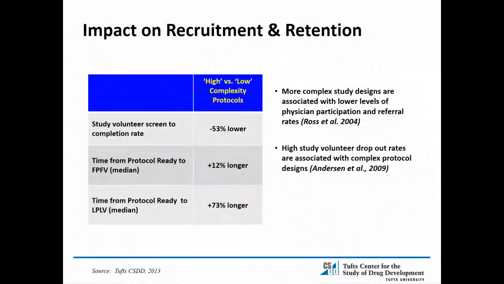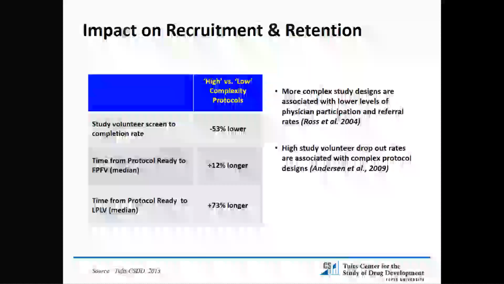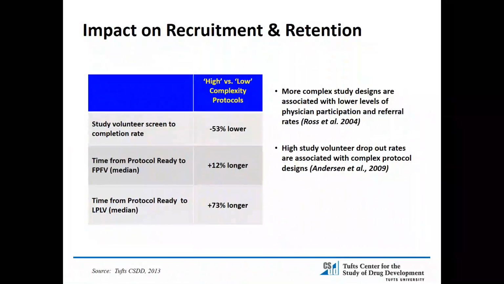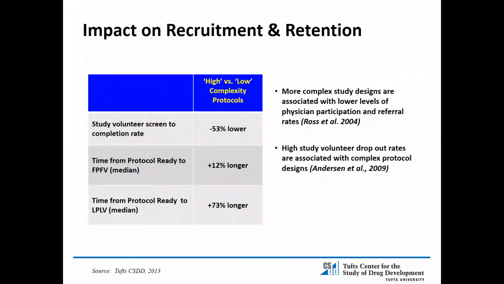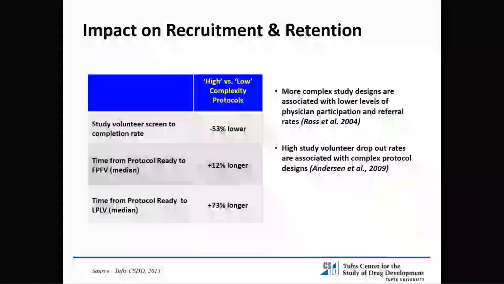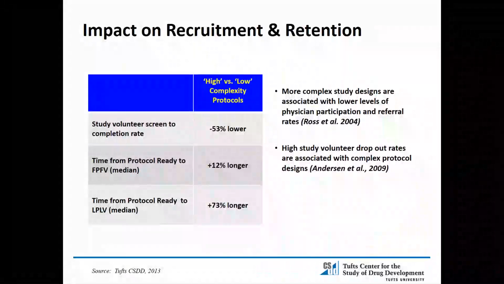They had only modestly longer cycle times from protocol readiness to first patient, first visit. But it was the downstream impact of a complex protocol and the demands that were placed on our study volunteers that resulted in a substantially longer and significantly longer cycle time when we look at the full cycle from protocol readiness to last patient, last visit.